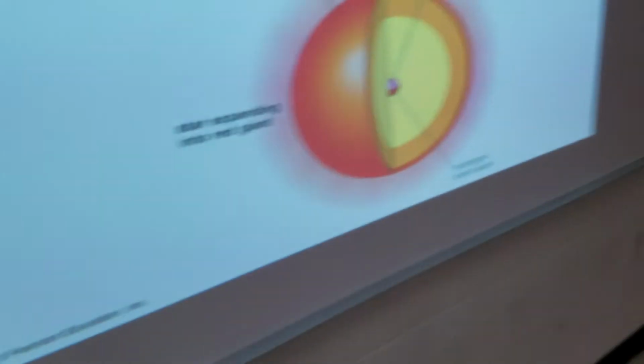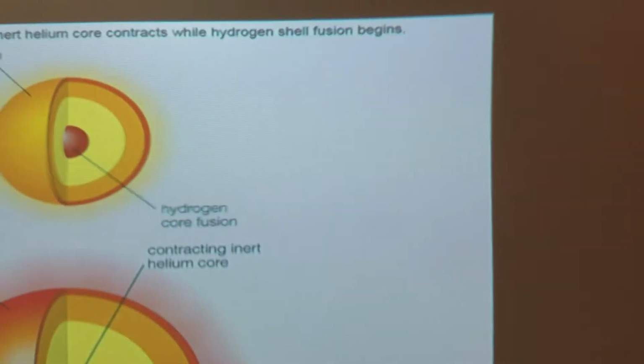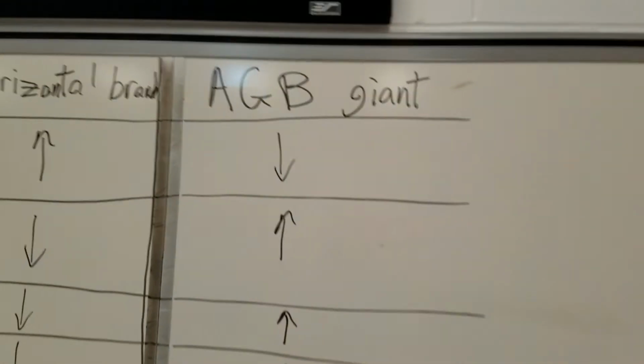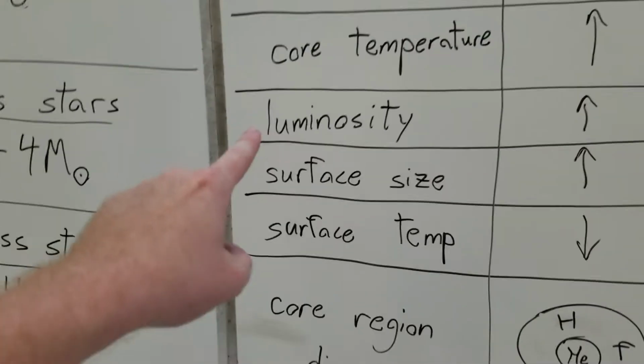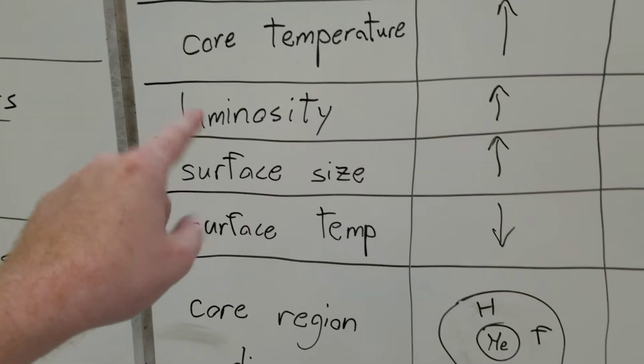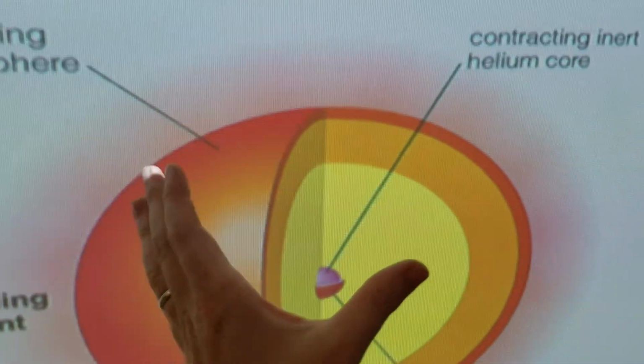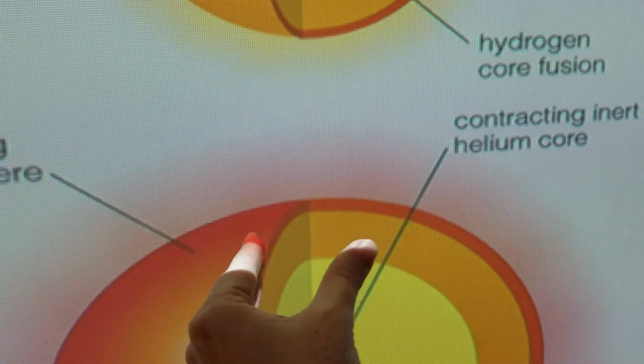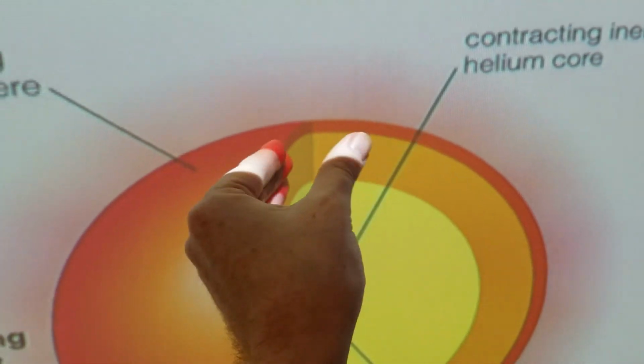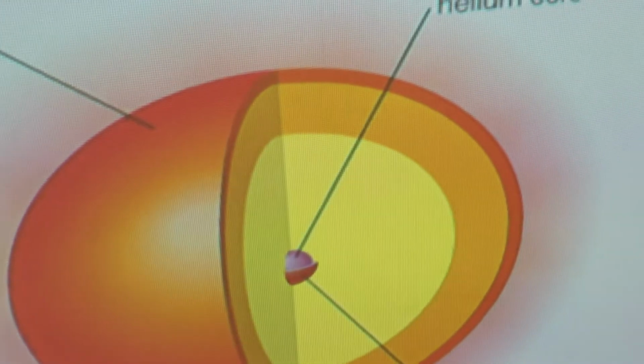Now, if these shells turn off and on repeatedly, basically what's happening is that the luminosity will go up and down and up and down, meaning that overall the star will start to puff in and out and in and out. That means the star starts to get unstable.